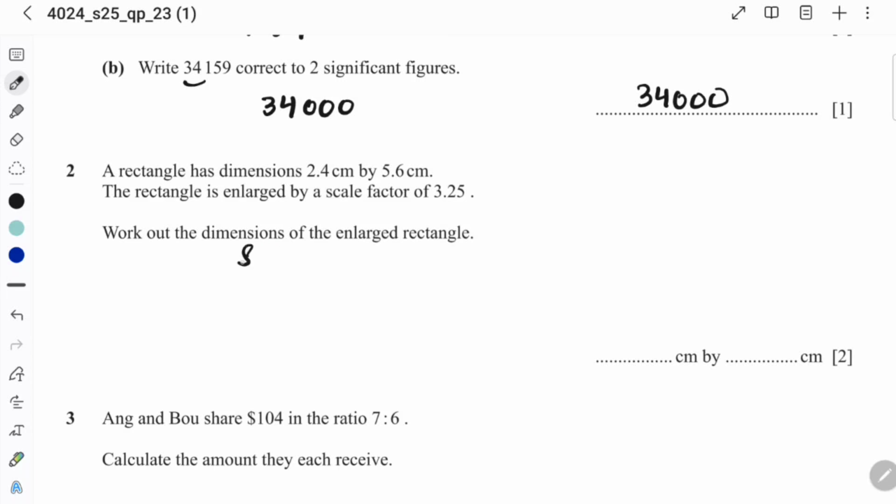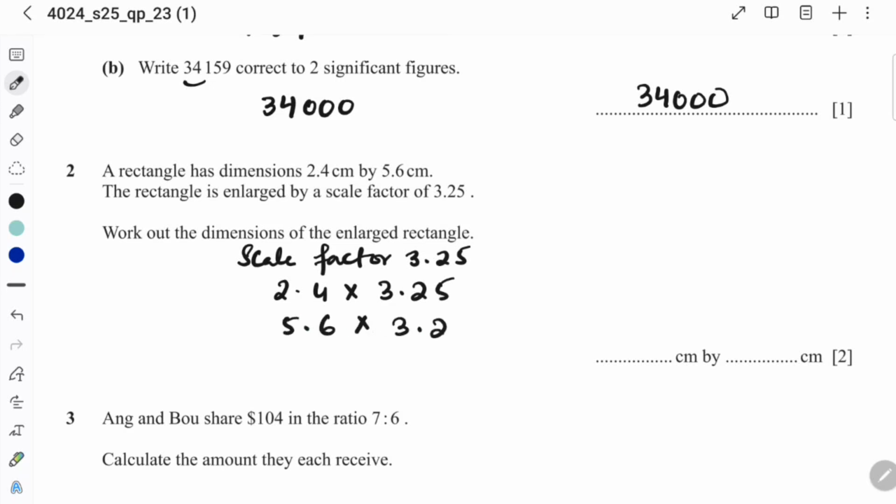So we know that the scale factor is 3.25 times bigger. We just have to multiply both dimensions by 3.25, so 2.4 will be multiplied by 3.25 and 5.6 will also be multiplied by 3.25.